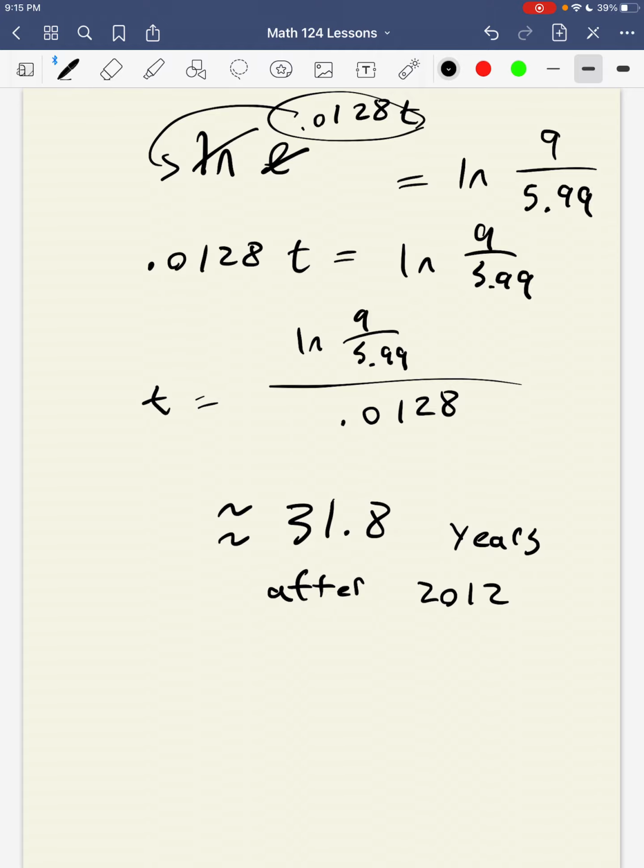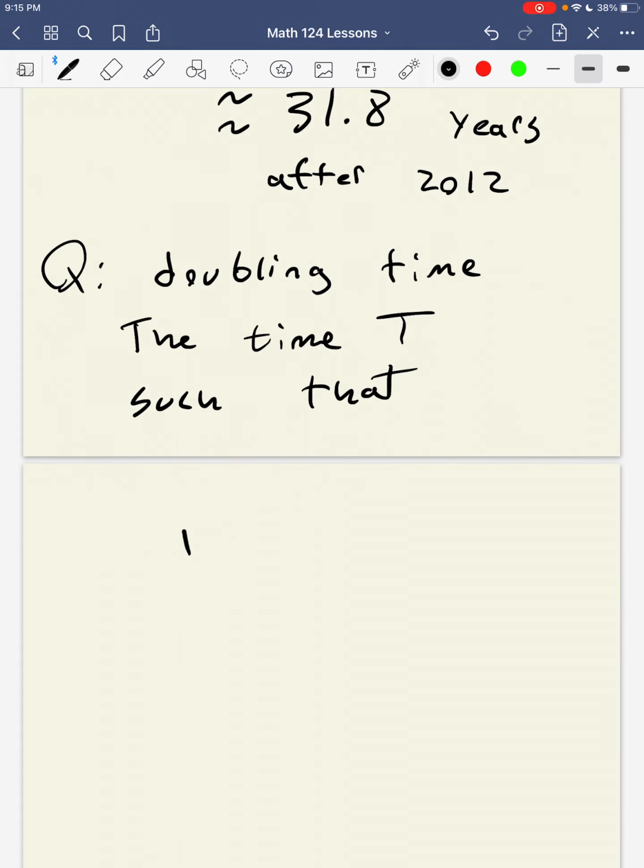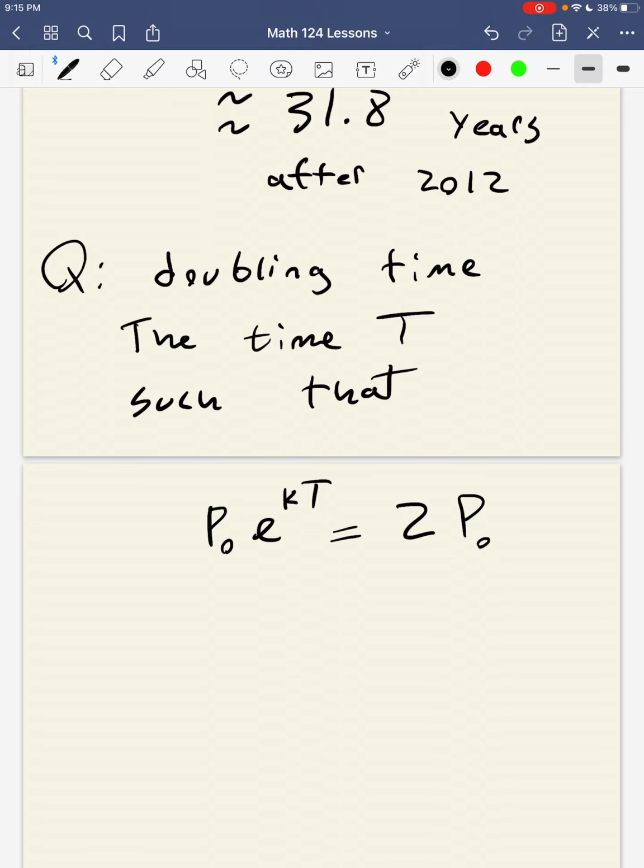Now let's think about the time it takes for the population to double. We call that the doubling time. A doubling time is just the time, say capital T, such that the initial population times e to the kt will equal twice the initial population.